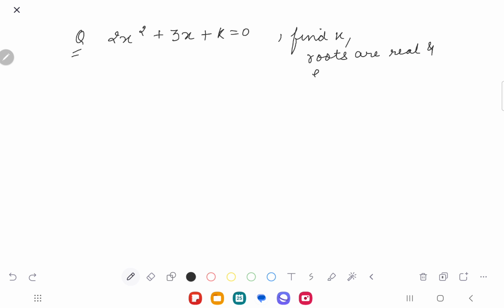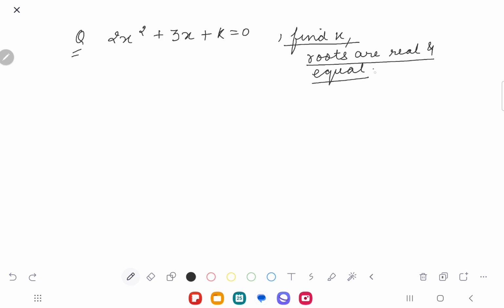Next question, let's see. Next question says 2x square plus 3x plus k equals to 0, and it says find the value of k for which the roots are real and equal.